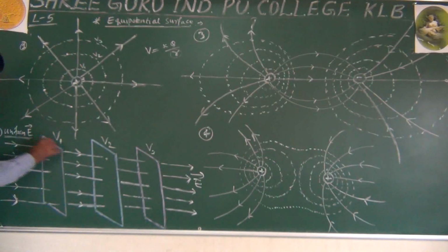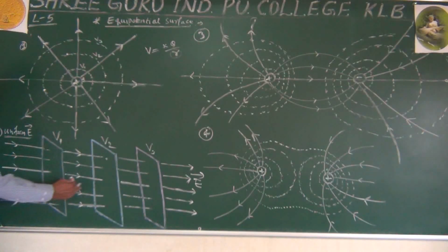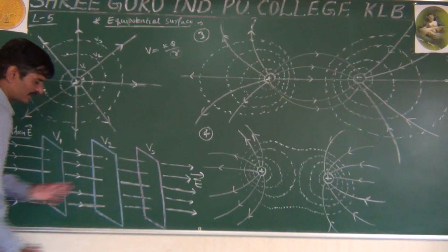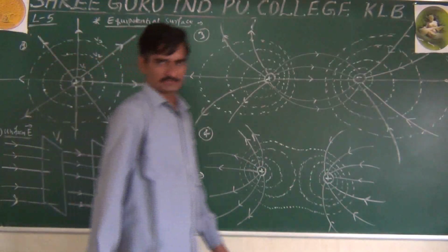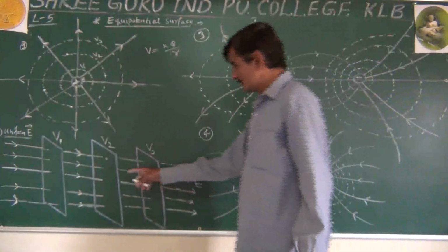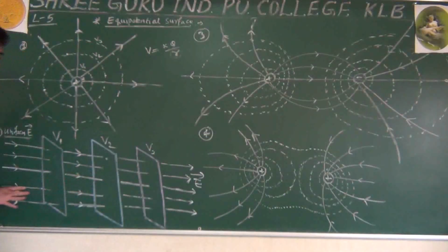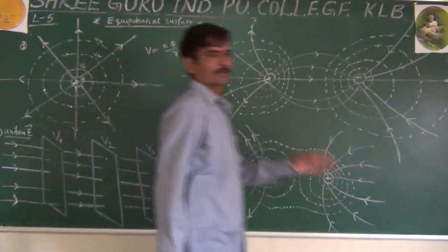In this diagram, the plane perpendicular to the direction of the electric field is the equipotential surface. Understood? So this is about the equipotential surface.